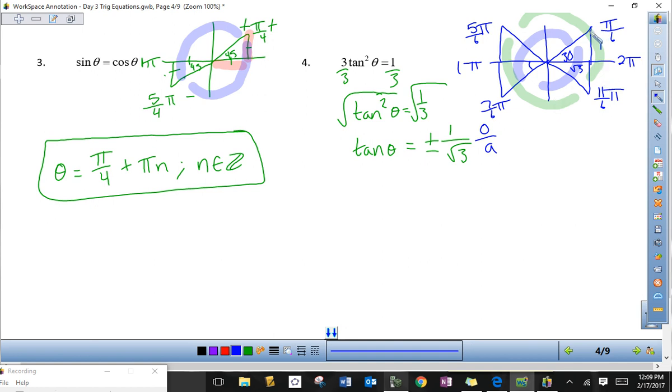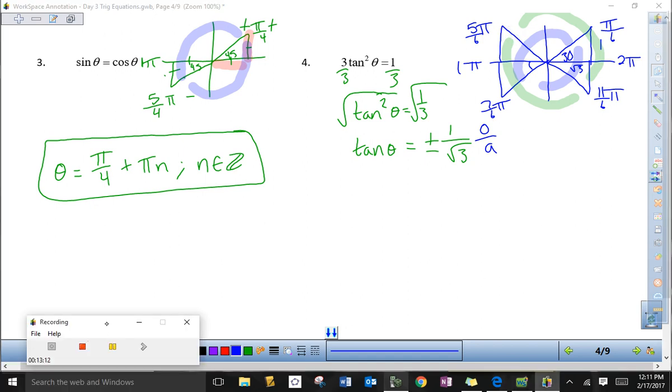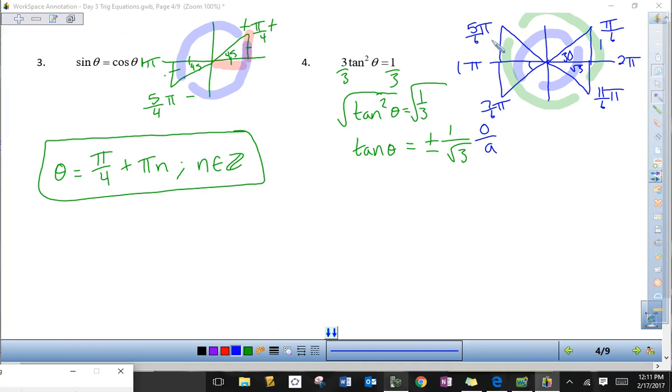Whereas if I went from every single solution, the distance from pi over 6 to your 5/6 pi is just 2/3, or 4/6 pi, whereas from this point to this point is 2/6 or 1/3. So it's not a constant distance between every single one, but there is a constant distance between the opposite ones.